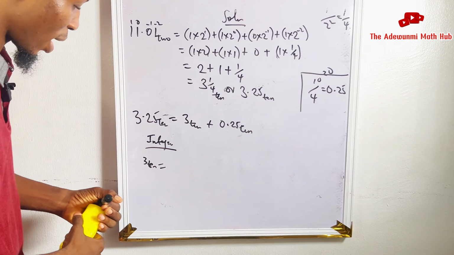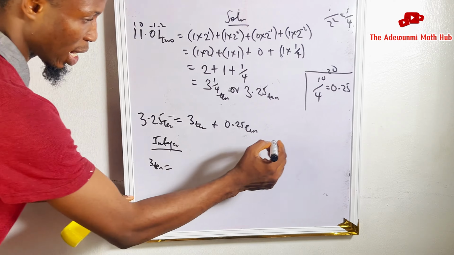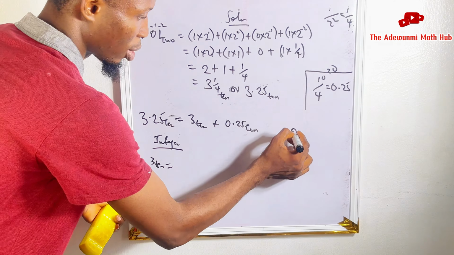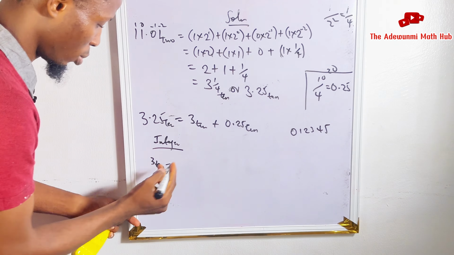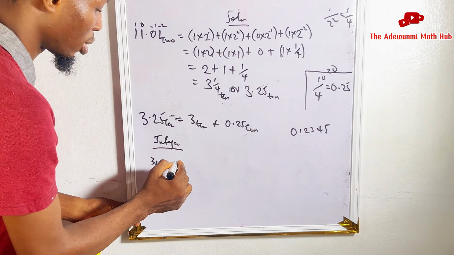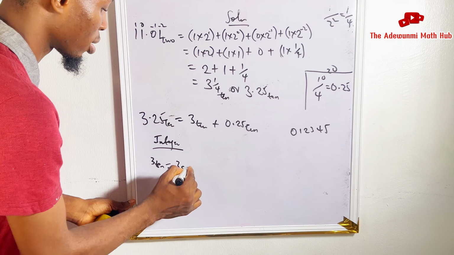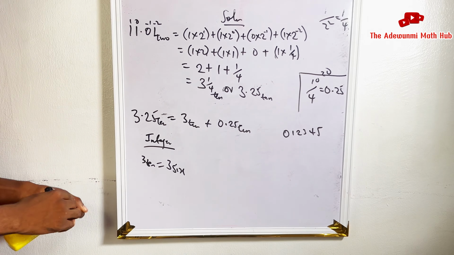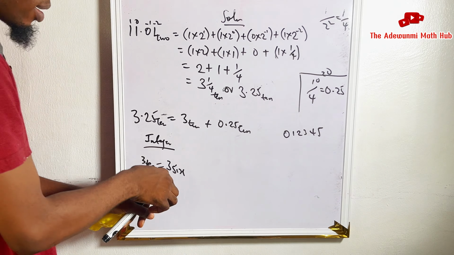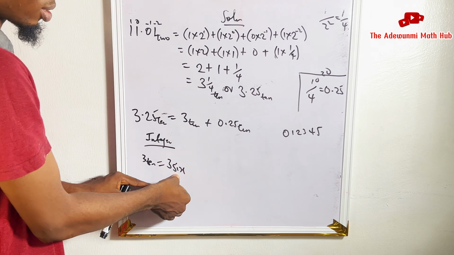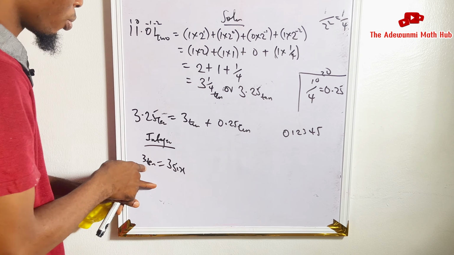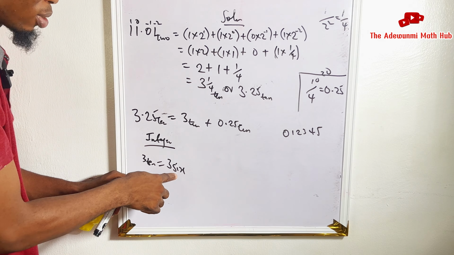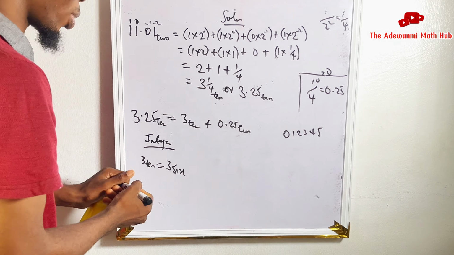But note that 3 is an identity in base 6 because the numbers in base 6 are 0, 1, 2, 3, 4, 5. 3 in base 10 is also 3 in base 6. You only convert a number bigger than the base. So 3 is smaller than 6. So 3 base 10 is 3 base 6. So we are done with the integers.